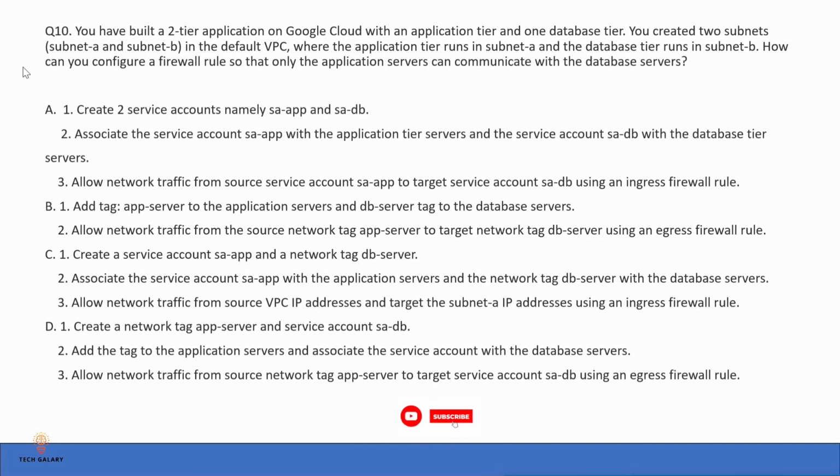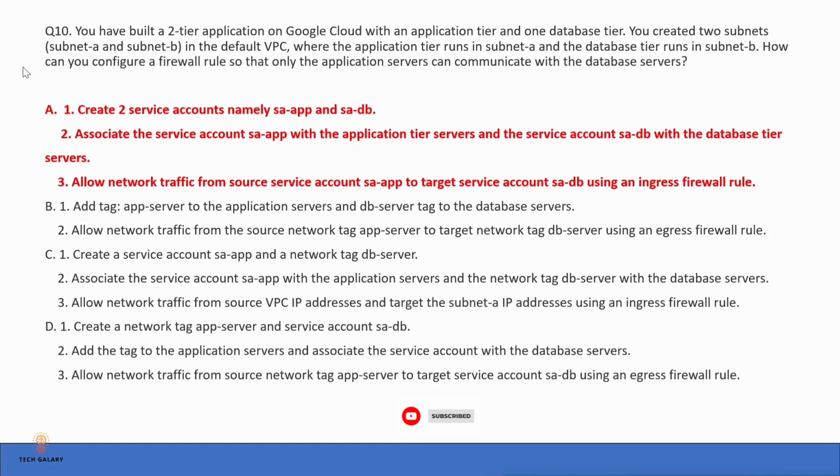This option is correct because here it uses service accounts to control access between the application servers and the database servers. So, by associating the SA-app service account with the application servers and the SA-DB service account with the database servers, you can ensure that only traffic originating from the application servers, that is from the source service account SA-app, is allowed to reach the database servers.